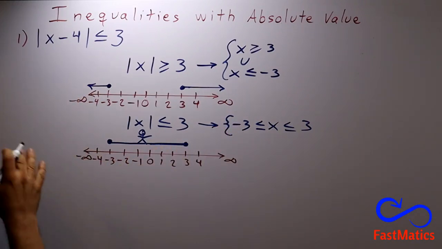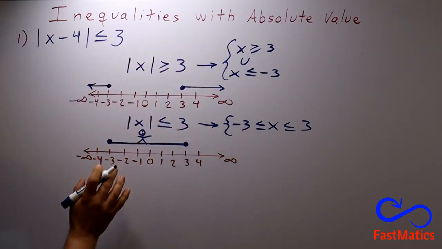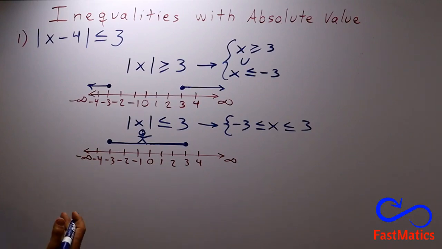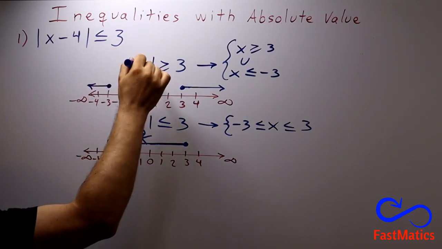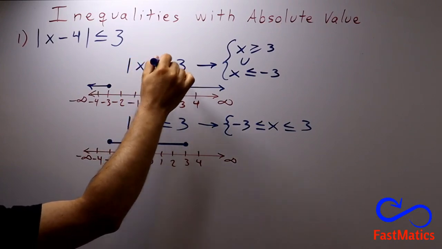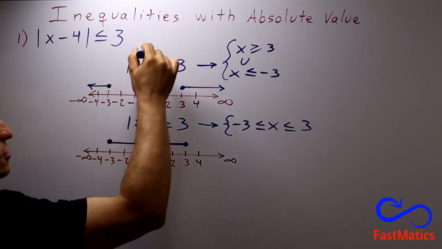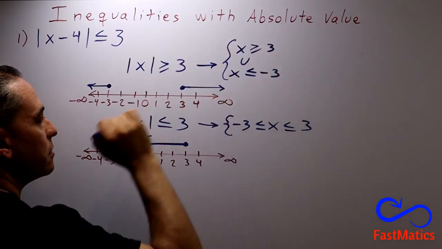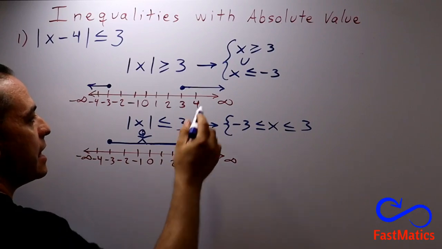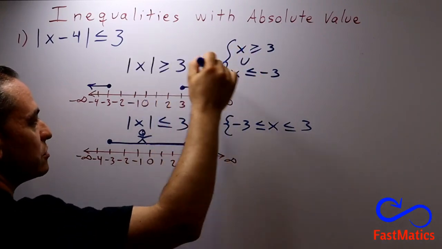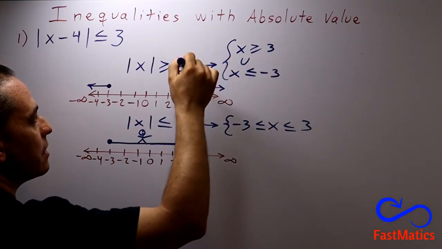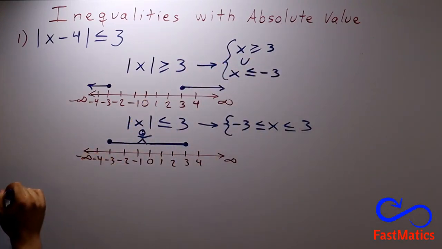Then please always remember this explanation, because if not, you will think that it is magic, that it is very difficult. No. The absolute value of something greater than, or maybe greater than or equal to, another number is the expression inside the absolute value greater than or equal to the number that is here, or maybe greater than only, and the union with the expression inside the absolute value less than, or maybe less than or equal to, this expression in negative.